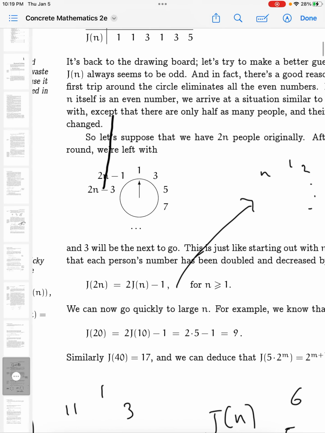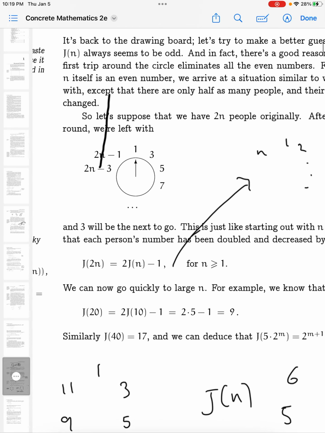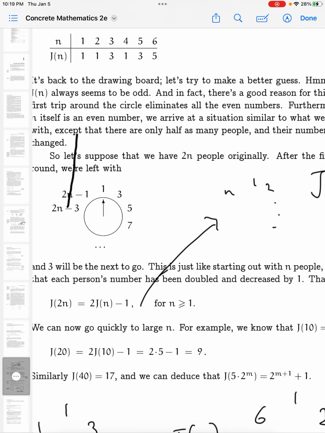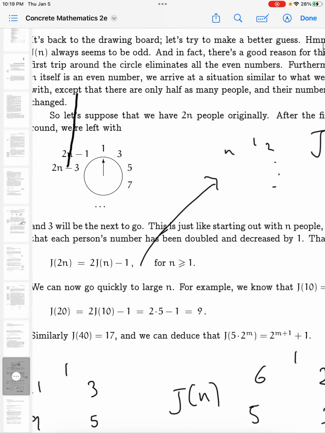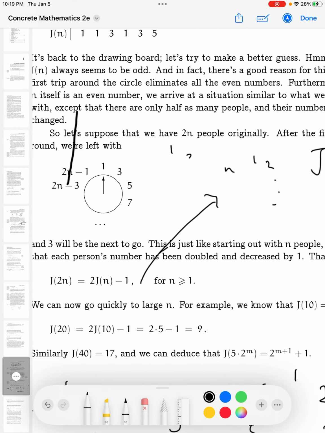So we can organize this by having even and odd numbers of people. In the case of an even number of people, we'll have all the even numbers got rid of, until we have another round from 1 all the way down to 2n minus 1.